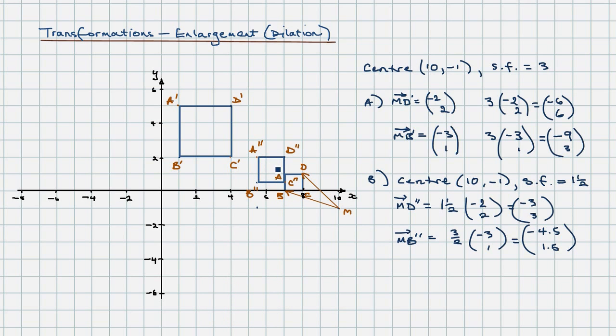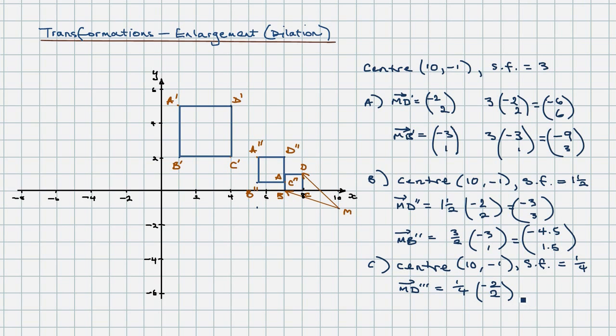Okay, now finally, problem C. What if we have the centre in the same place, but this time a true fraction? Let's have a scale factor of 1/4. So once again, we've got M to D, let's say prime prime prime this time, is 1/4 of minus 2, 2.